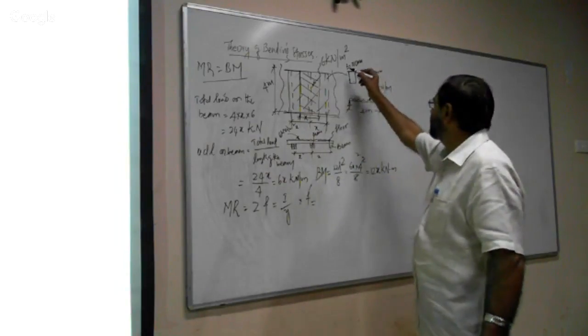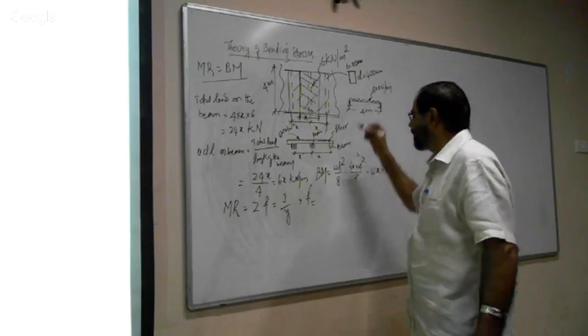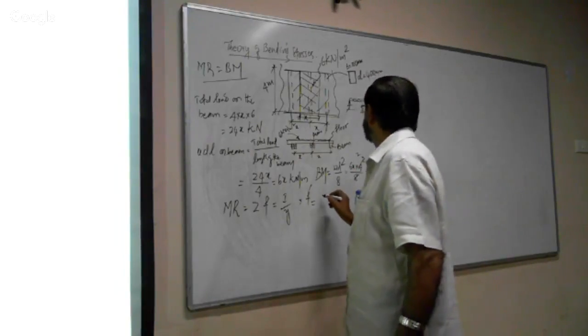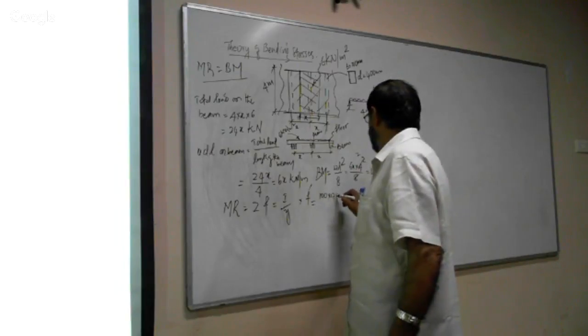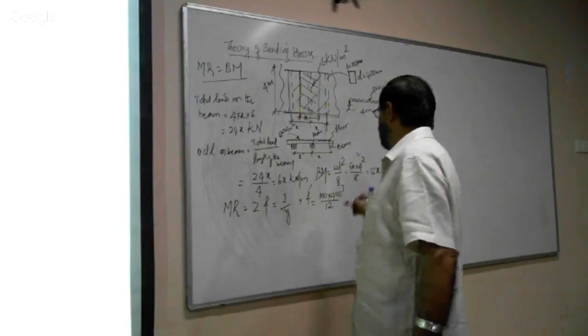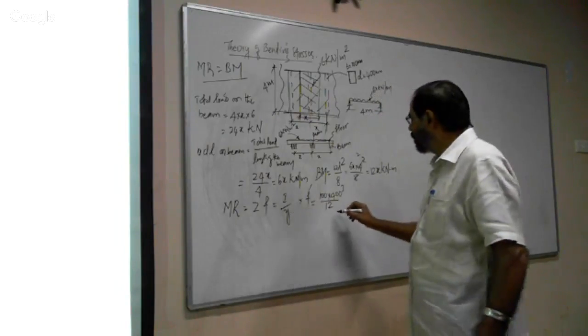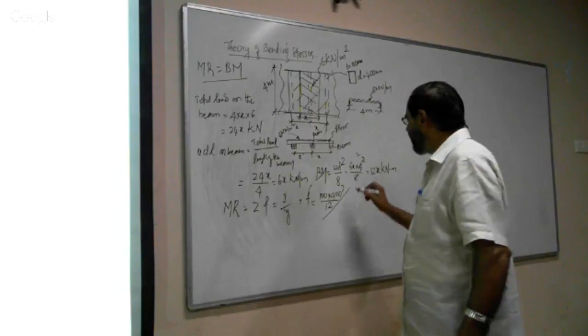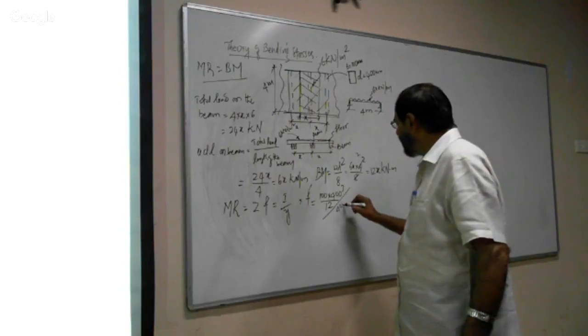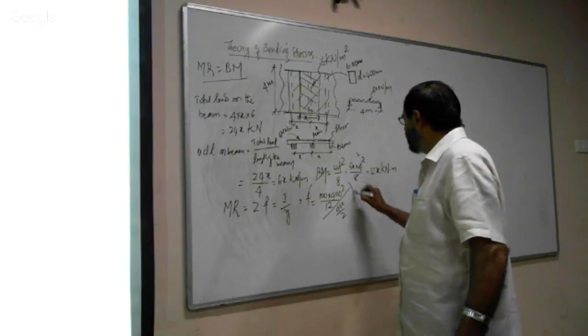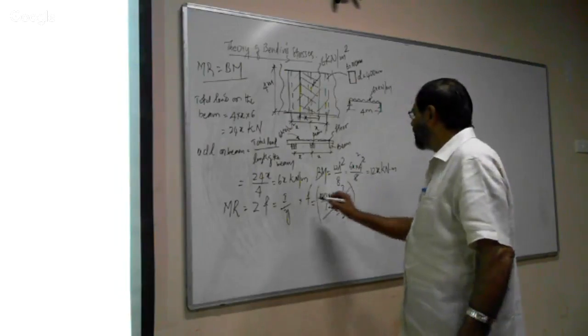The section is given as B into D, that is 100 into 400 cubed divided by 12, divided by Y, where Y is equal to D by 2. D is 400, divided by 2. So the whole thing is multiplied by the stress.